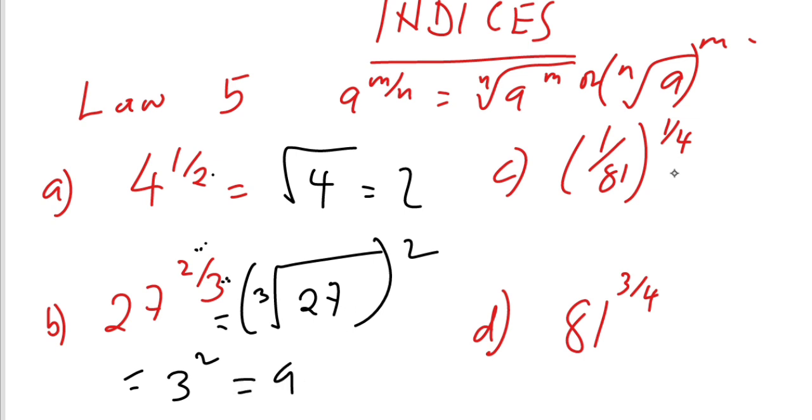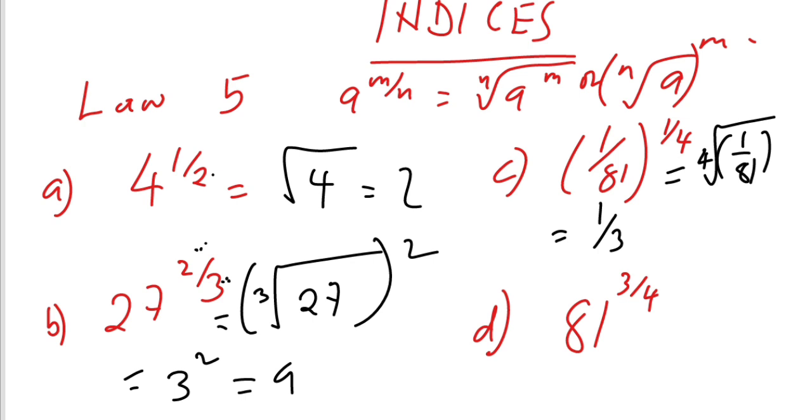For this one also the same thing, but this time you're taking the root of a fraction. So fourth root of 1 over 81. The fourth root of 81 is just 3, and the fourth root of 1 is just 1. So it's 1 over 3. Is it 3 really? Fourth root of 81.